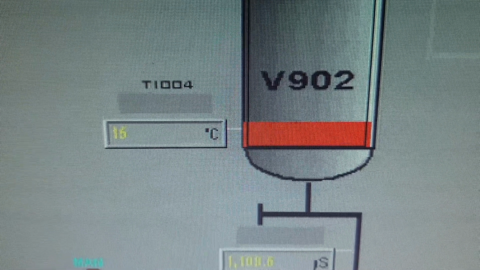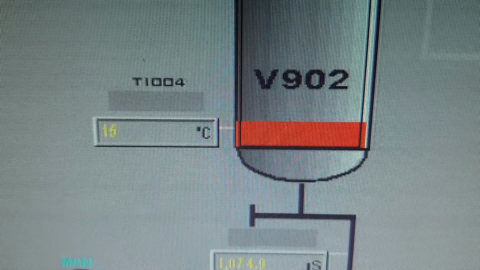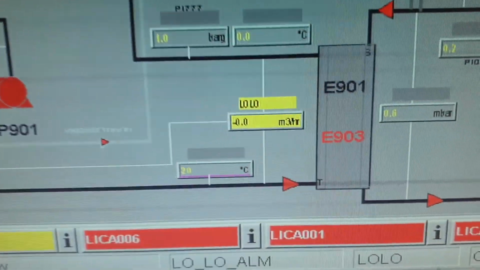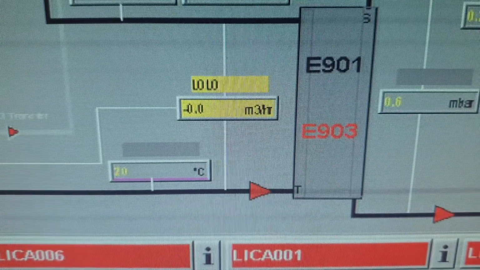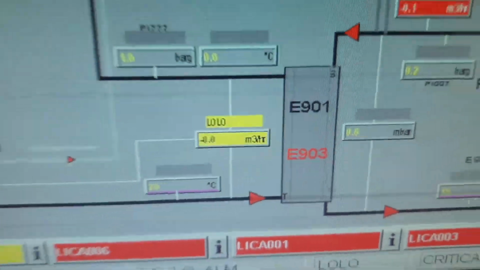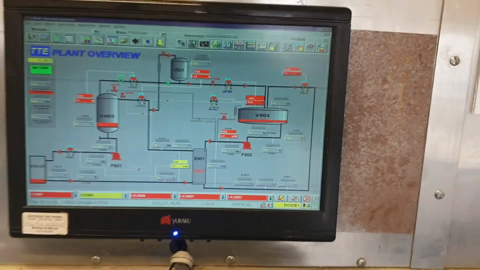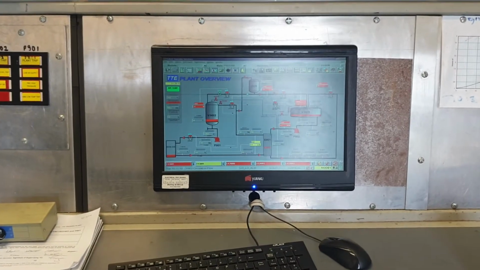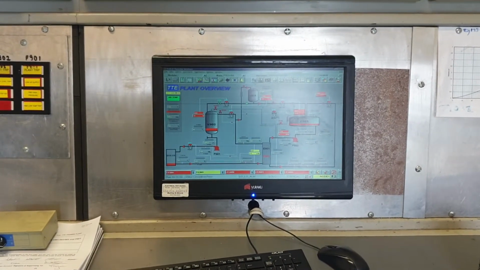So that was the first one, TI-004, the RTD, and also across here the flow rate as the result of differential pressure.